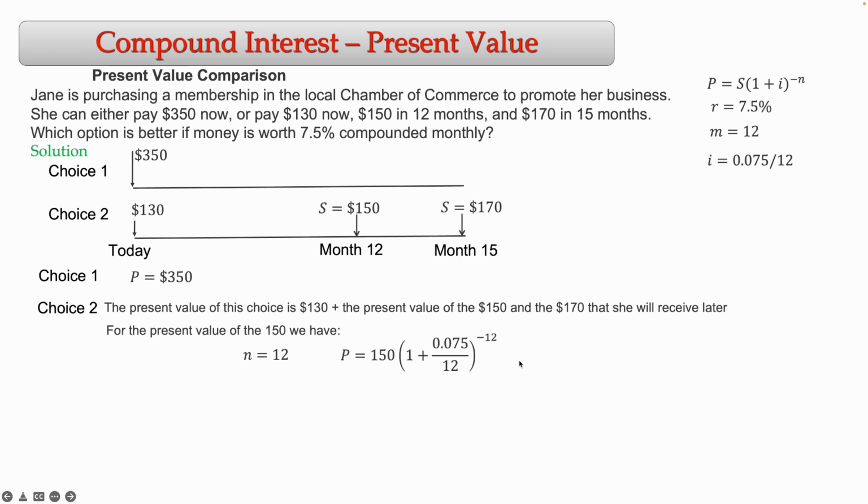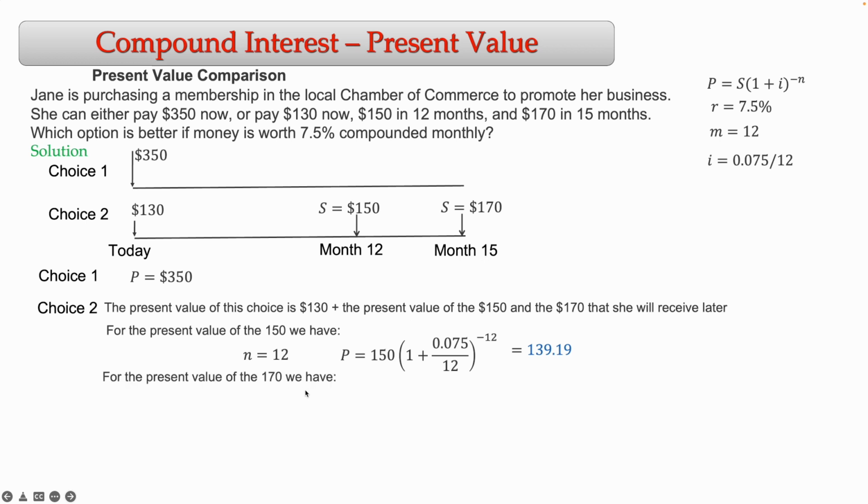Use your calculator the way I have explained before and in other videos, and notice that this is 139.19.